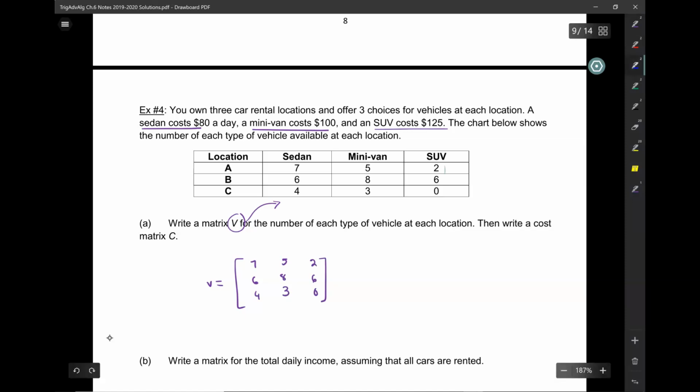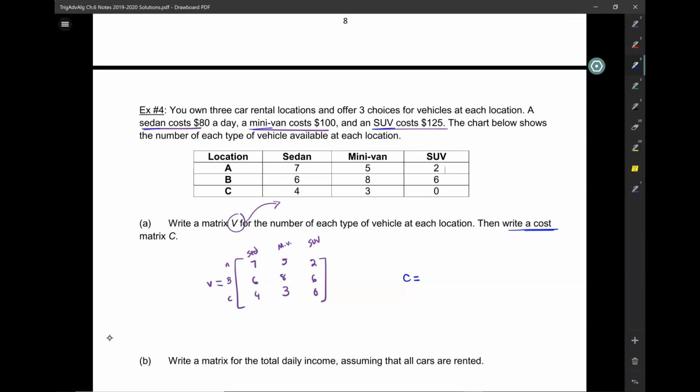Then it says to write a cost matrix C. Okay. So here's how this will work, right? So this is a 3 by 3. But now look at what these stand for. So this is location A, location B, location C, and then this is the sedan, the minivan, and the SUV, right? In C, you have the cost for the sedan, the minivan, and the SUV.